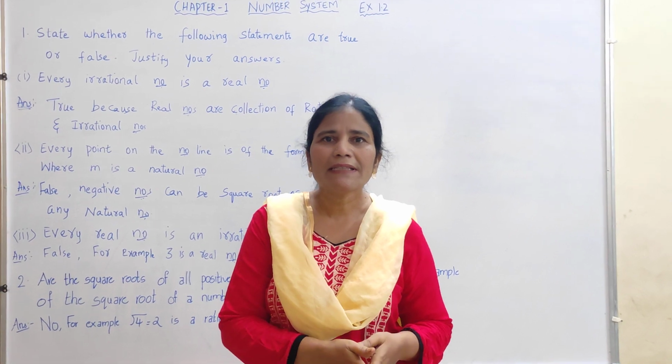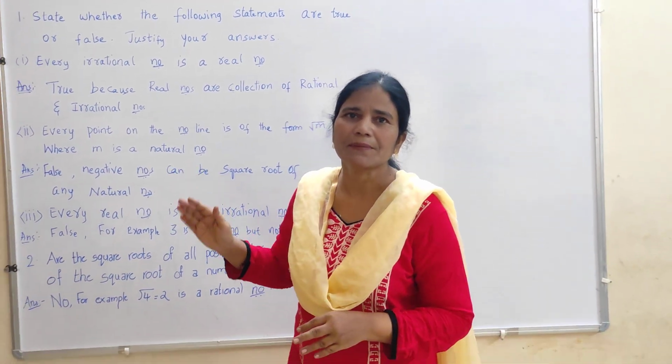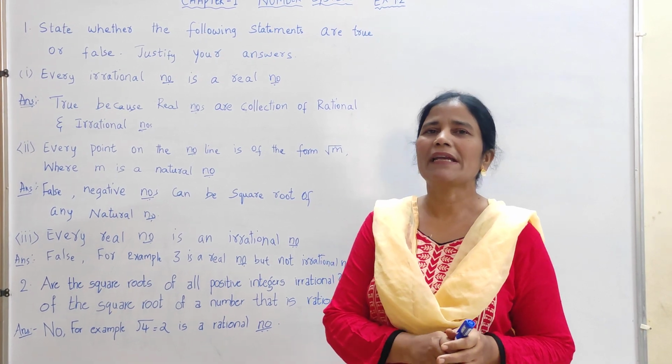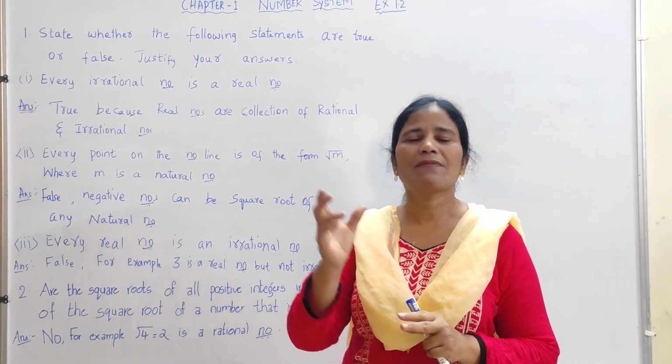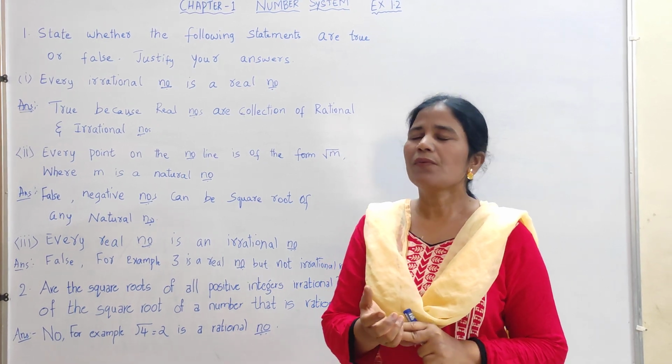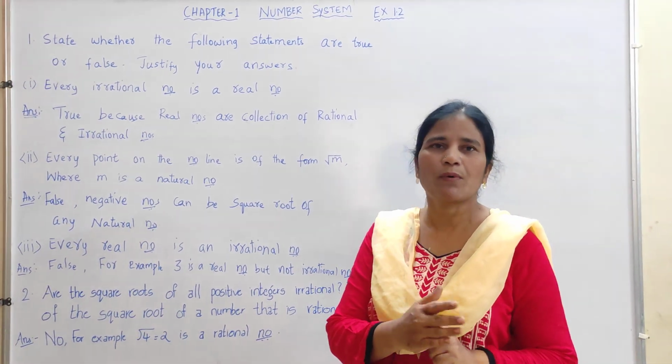So without any further delay, let us continue with the chapter. In the previous class, what we discussed was how to find the rational numbers between two given rational numbers. We discussed that in exercise 1.1.